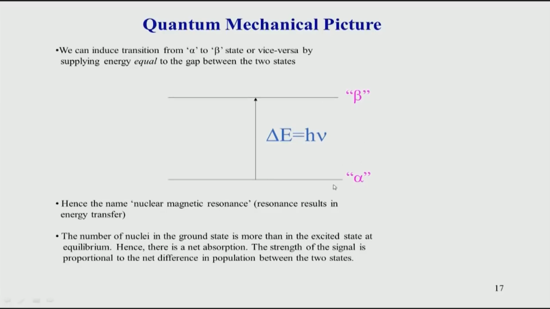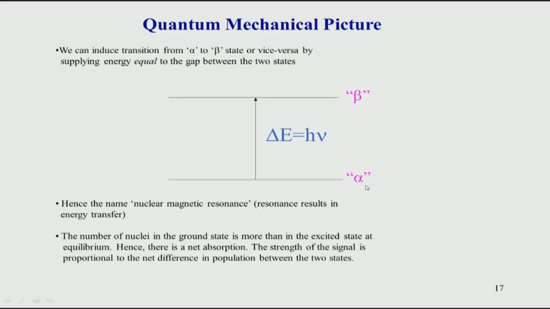Therefore, the total net energy absorbed will depend on the difference in population: how many molecules are here minus how many molecules are here. If they are equal, then there is no net excitation and the signal will be 0. That means no energy will be absorbed.